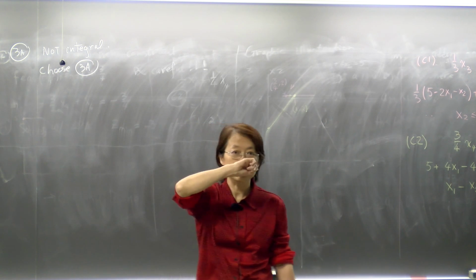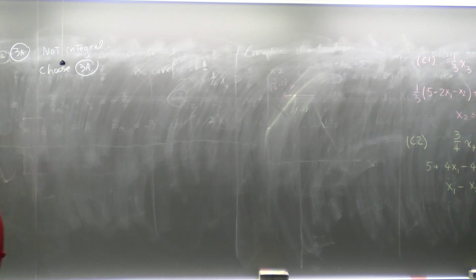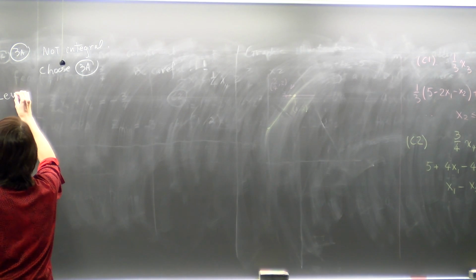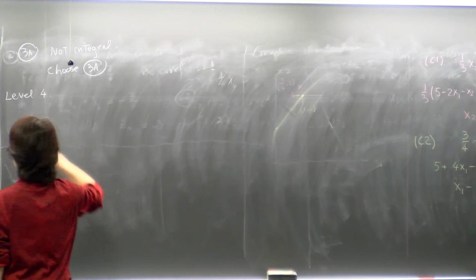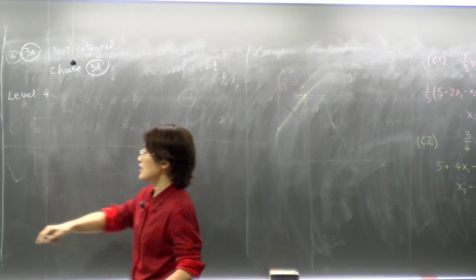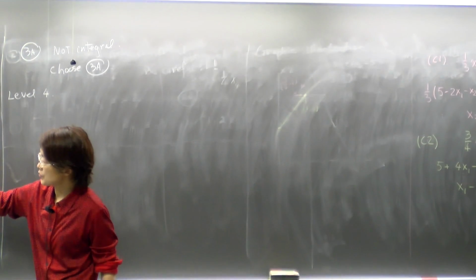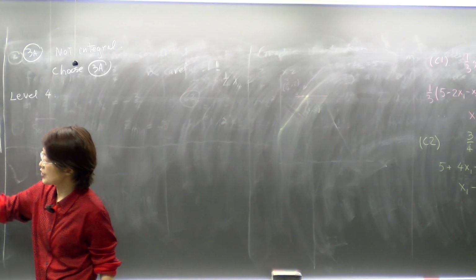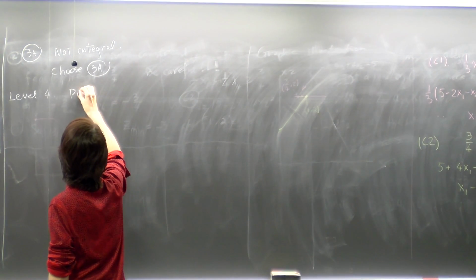Is that clear? Now I break it up into 2 more. Now I have level 4. Starting from 3a, I look at one of the solutions that is not an integer, so pick x1.